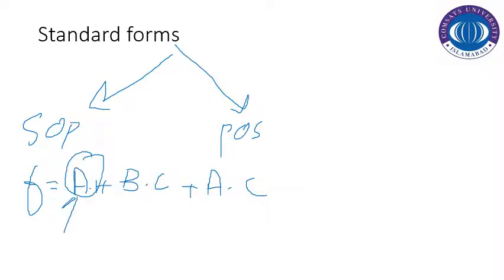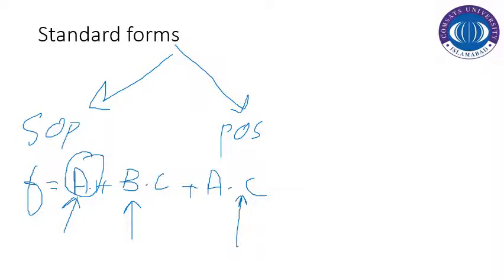For the second term we don't have a available. For the third term we don't have b available. So sum of products is the summation between the product terms, and it's not necessary that each literal appears in each product term. So this is the minor difference between sum of min terms and sum of products. Otherwise both are basically the same.